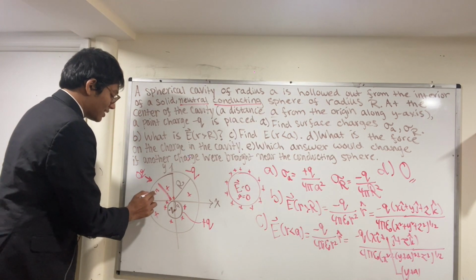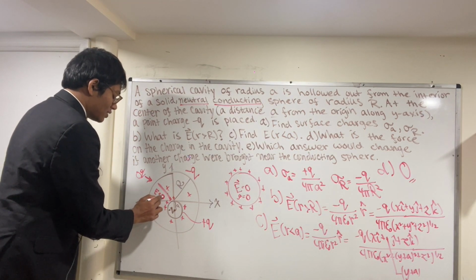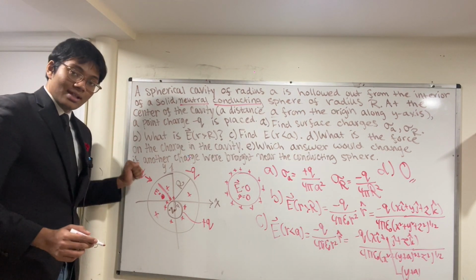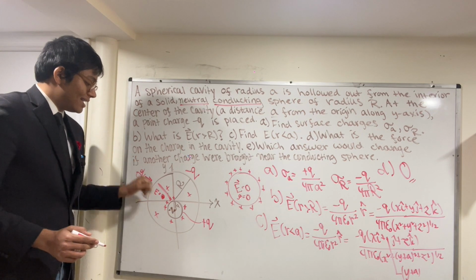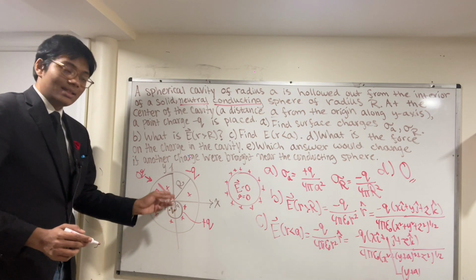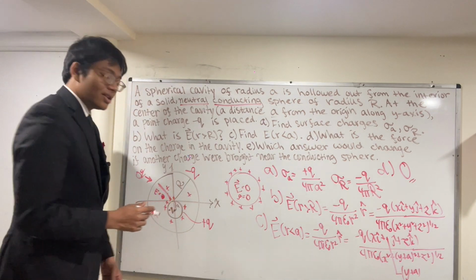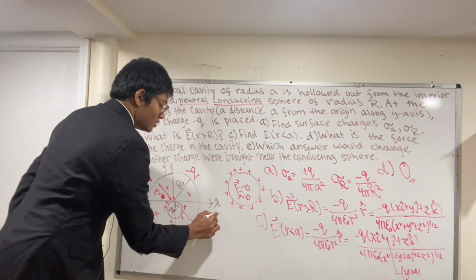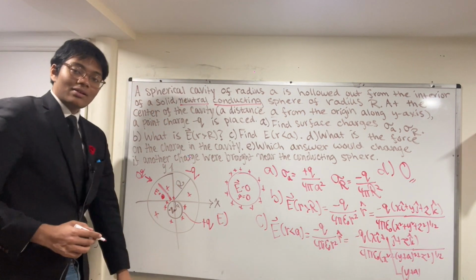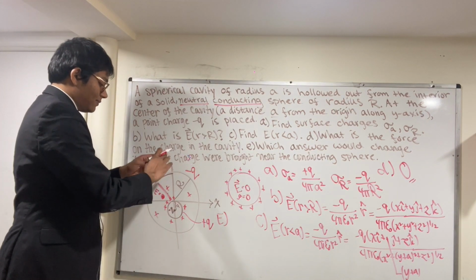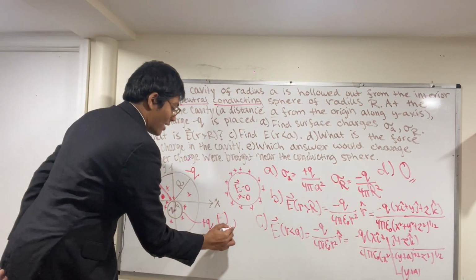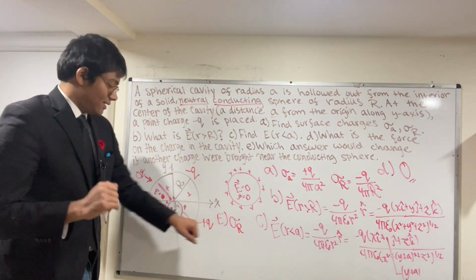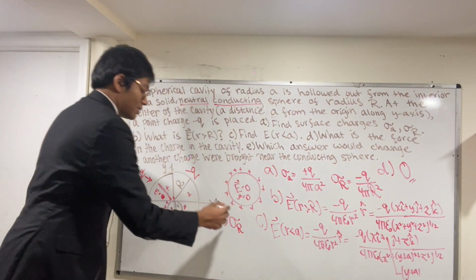Why? Because the electric field is 0 inside. So there's no way any charge that's brought near the conducting sphere on the outside can in any way influence anything on the inside. So the only thing that would change for part E is the surface charge density on the outer conducting sphere and the electric fields outside.